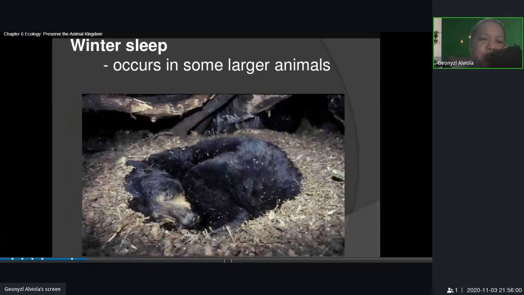Winter sleep occurs in large animals like the bear, black bears, and grizzly bears. These are their adaptations in order to protect themselves from winter, since during winter there is only a limited supply of food. So in order to cope with such a limiting factor in food resources, they have to undergo winter sleep.